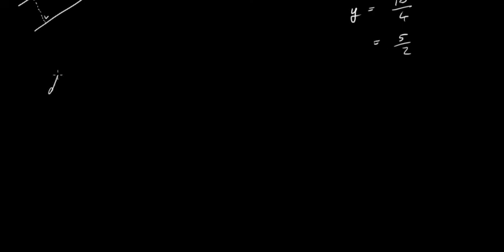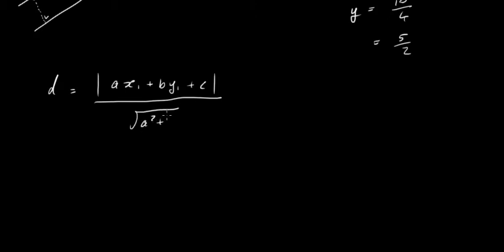So D is going to be equal to, I'll just write the equation down. It's going to be the modulus of ax1 plus by1 plus c over the square root of a squared plus b squared. So let's see, the equation of our second line B there is 3x minus 4y plus 15 equal to 0. So in other words, A here will be 3, B is minus 4, and C here is plus 15.